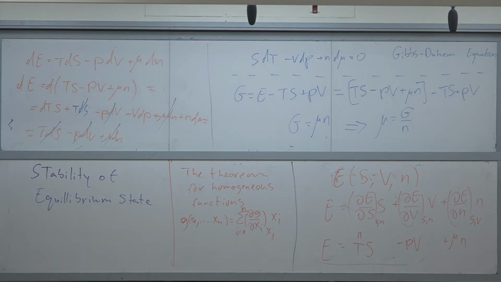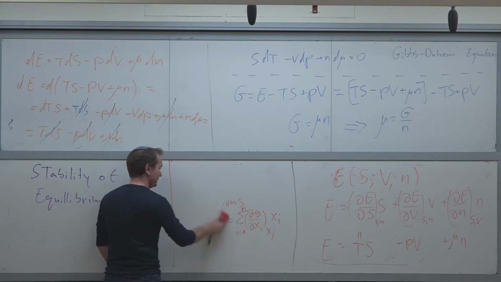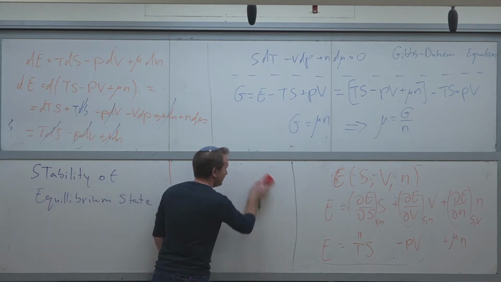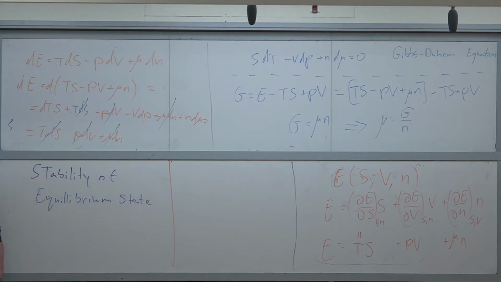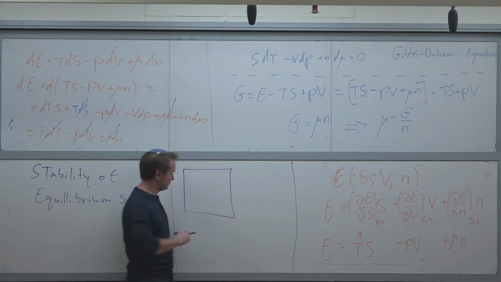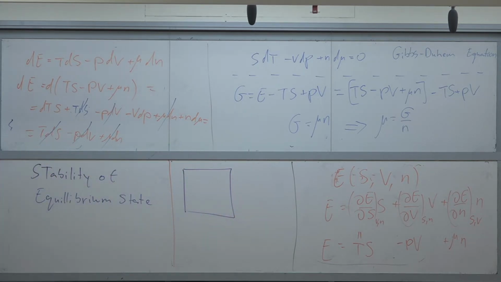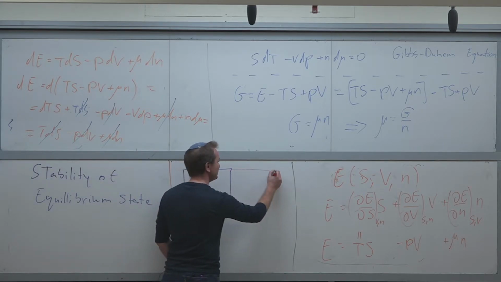Now, I choose to describe the stability by performing some sort of a division on a given system. Let's assume that I have system A, and this system continues to this part.